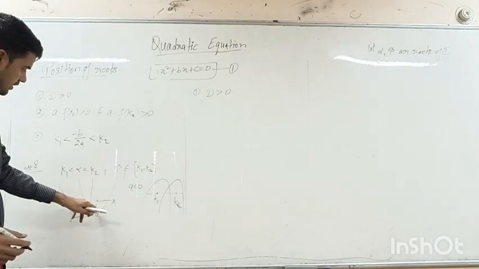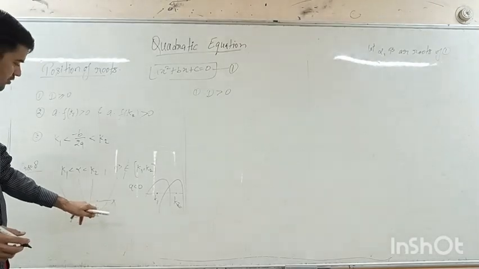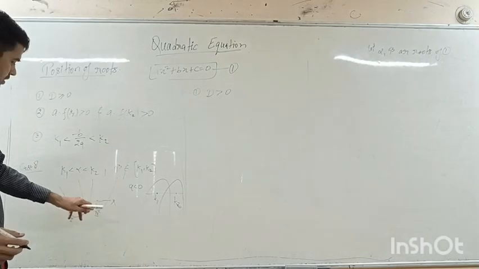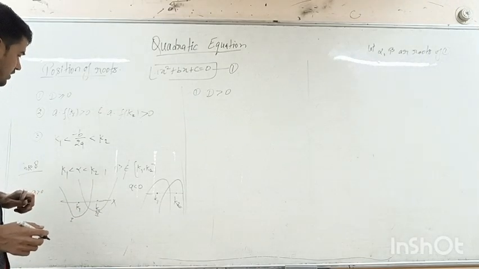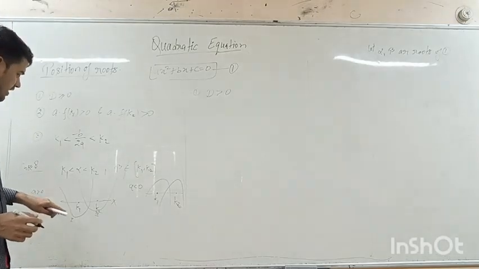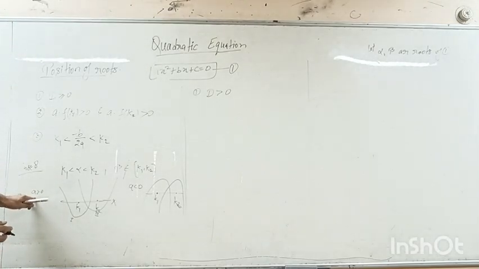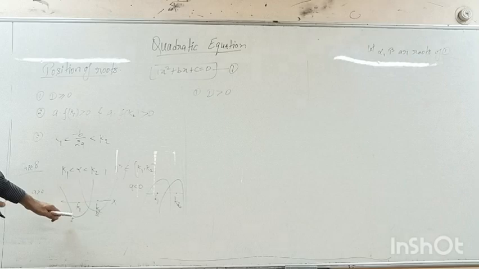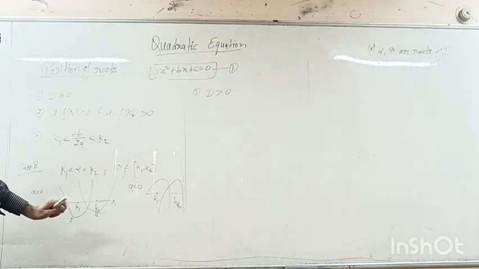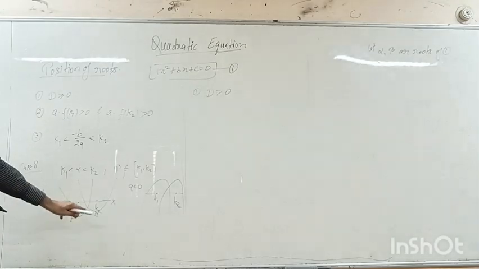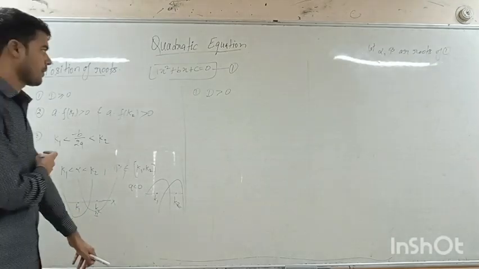In the second graph f(k2) is negative, but in the first graph f(k2) is positive. So we cannot say anything about the multiplication of a and f(k1) or f(k2), but we can say one thing about k1 and k2, that f(k1) and f(k2) are of different sign.